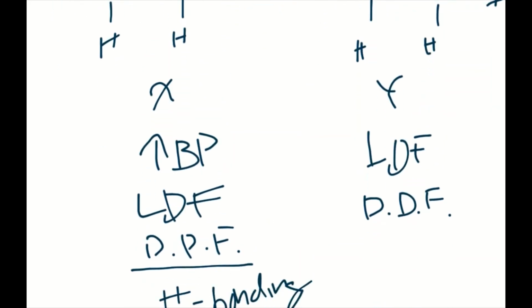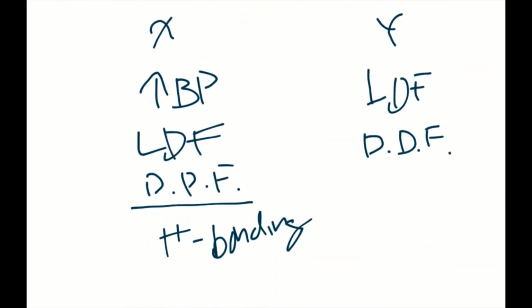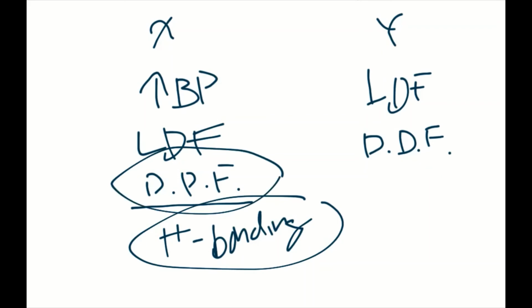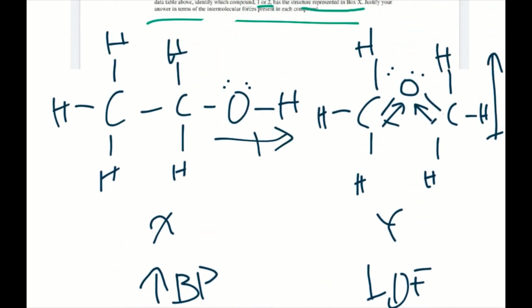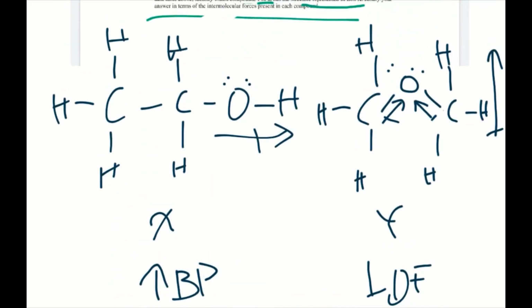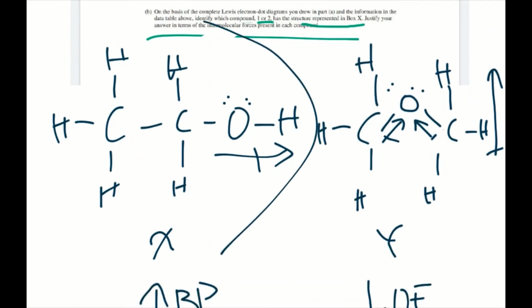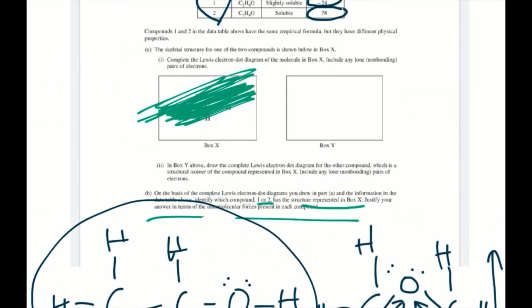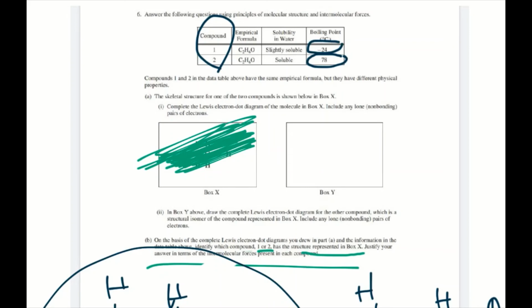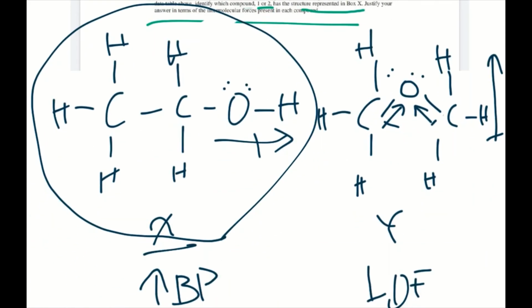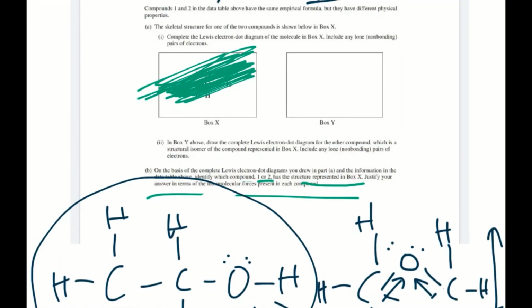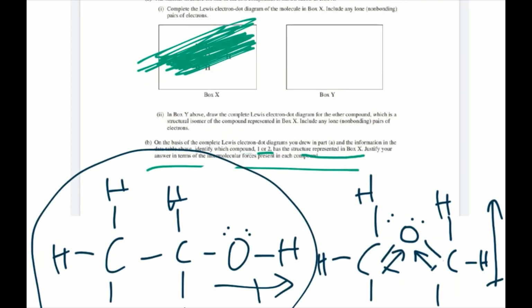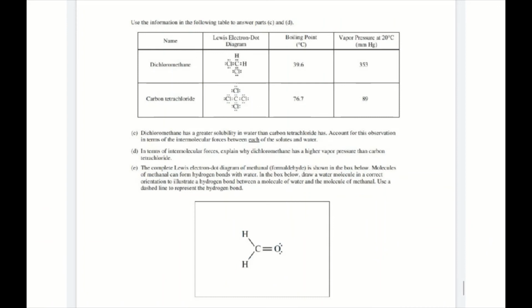But since molecule X has hydrogen bonding as well as dipole-dipole forces because of this bond dipole, then that means that compound X will have the higher boiling point. So does compound 1 or 2 have a higher boiling point? Well, compound 2 has the higher boiling point, and we said that compound X has a higher boiling point. So this means that compound 2 must represent X. So I will show you the answers later, but let's move on.